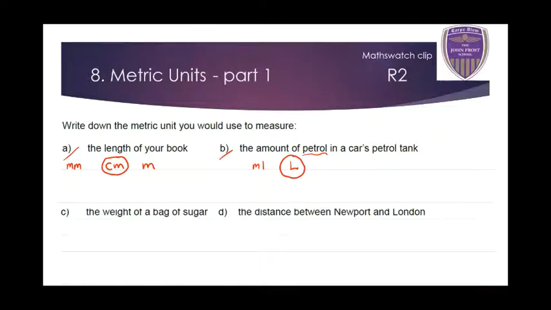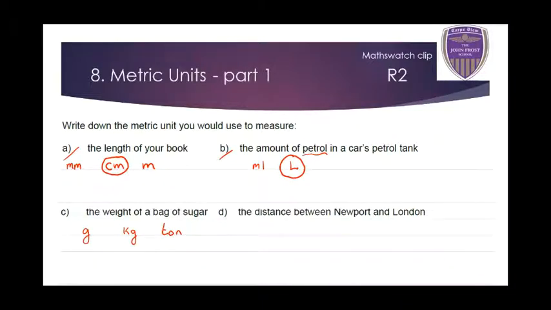Now the next question says the weight of a bag of sugar. Okay. So the different types of metric masses we know. We've got grams, kilograms, and we've got tons. Okay.